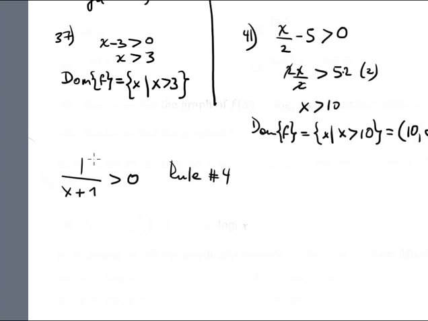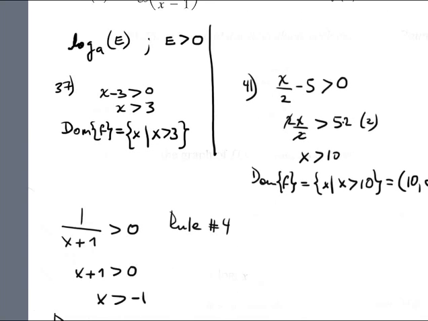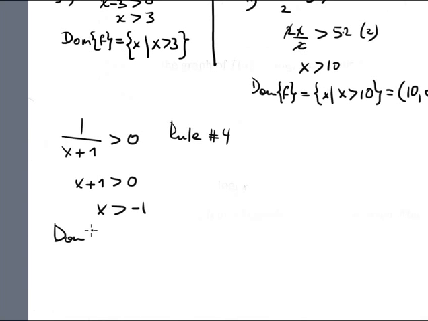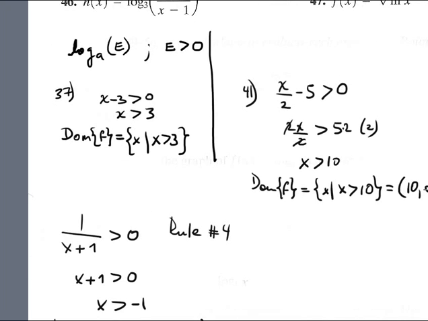When you see this expression must be positive, and 1 is positive, it's because x plus 1 is positive. So x greater than minus 1. Then the domain of the function f is x such that x is greater than negative 1. That was question 43.